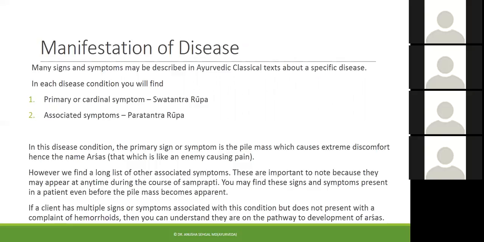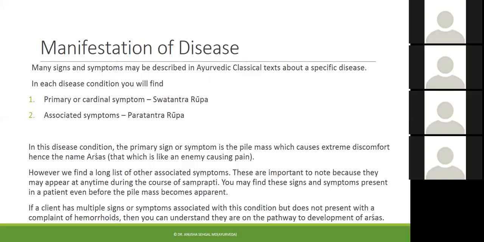That's why it got the name Arśas, because Arśas means that which is like an enemy that causes pain and discomfort. So the major sign and symptom, or the cardinal symptom of this condition is the pile mass. That's how it got the name Arśas.